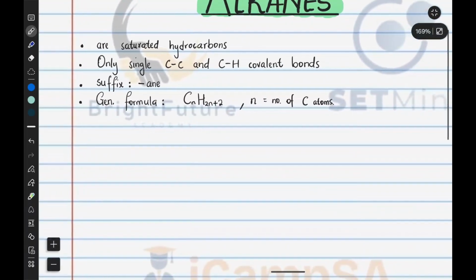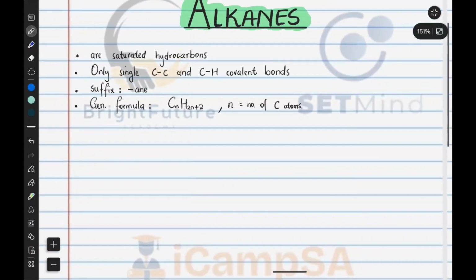Now, when it comes to the IUPAC naming system, it comprises 3 things. It will have a start, the first part of the name, then the body or the middle part, and then the end or the suffix.